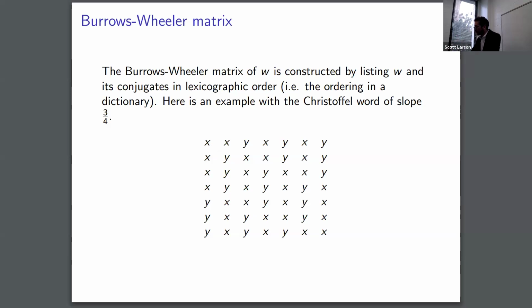So here we got the Christoffel word of slope 3/4, which is our first line here. Turns out the Christoffel word will always be the first line. You list all the conjugates, and you can see there's kind of some patterns here. There's these cascading x's that go down. There's the y's that also cascade.